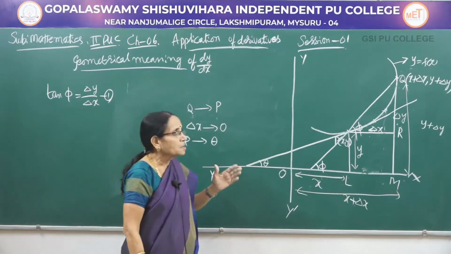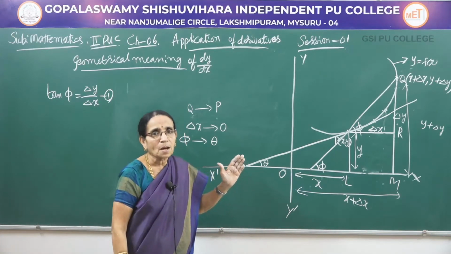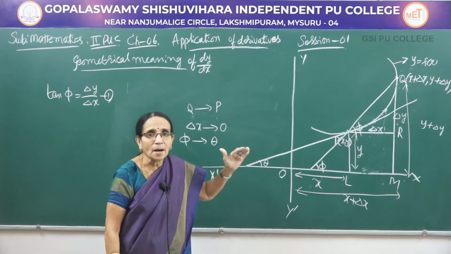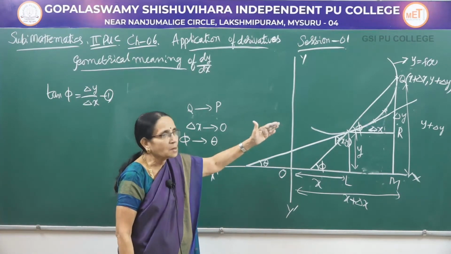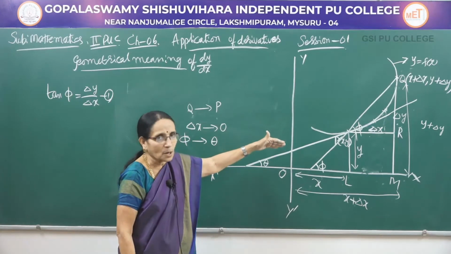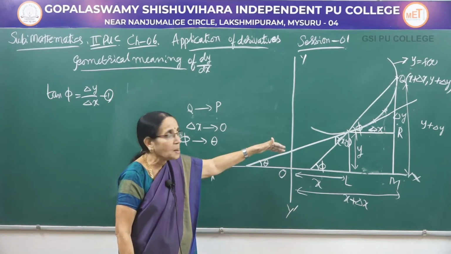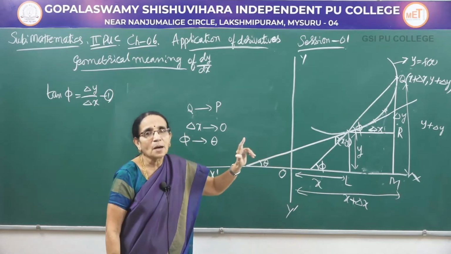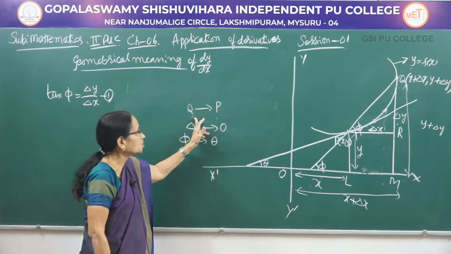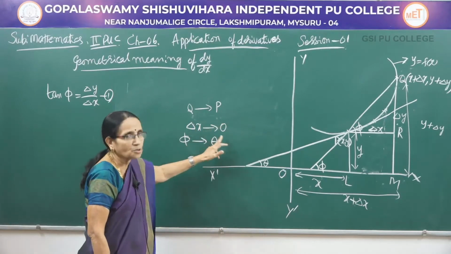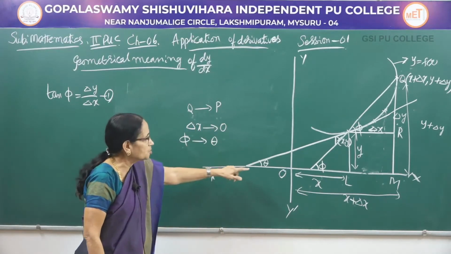Actually we say the limiting position of a chord is a tangent. That is how we say, because when the chord becomes smaller and smaller, finally both the points coincide with each other. We will not have a chord, we will be having a tangent at a particular point. So as Q tends to P, delta x tends to 0, phi tends to theta.